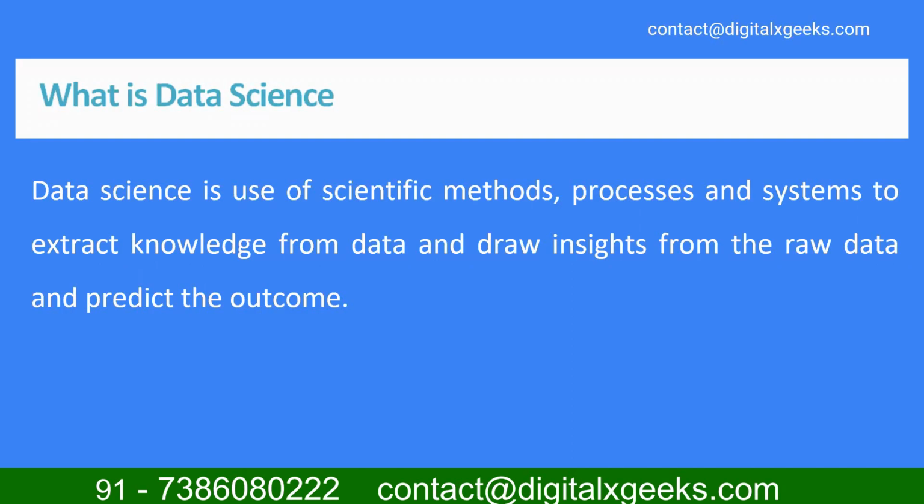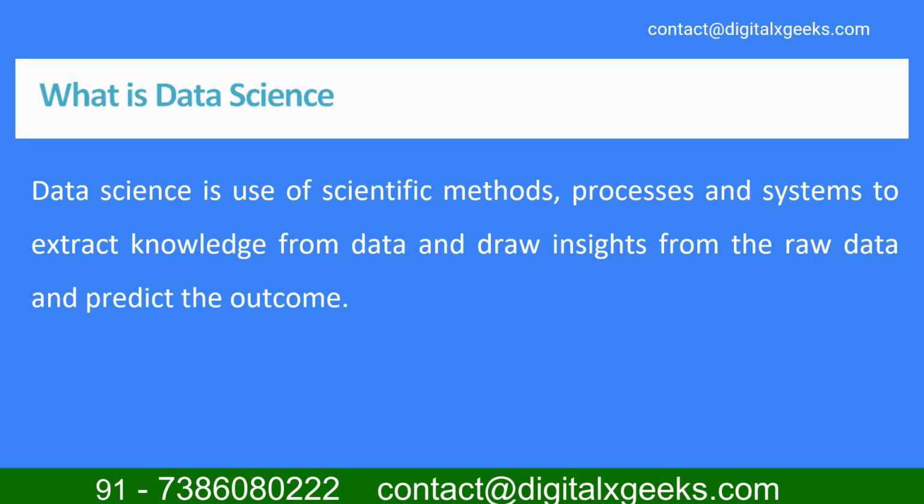So if you look at the definition here, normally we say that data science is the use of scientific methods, processes and systems to extract knowledge. But instead of reading this, I'll tell you what data science is from a simple perspective. Data science is nothing but scientific methods.